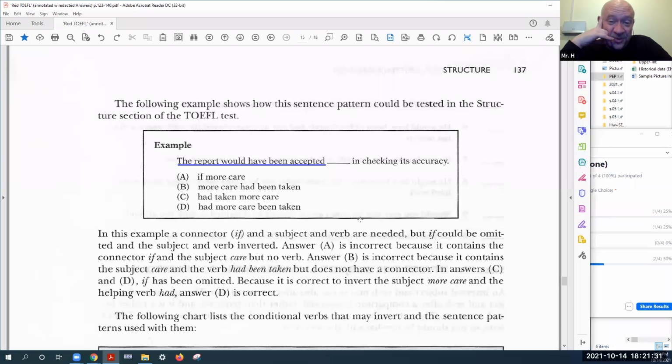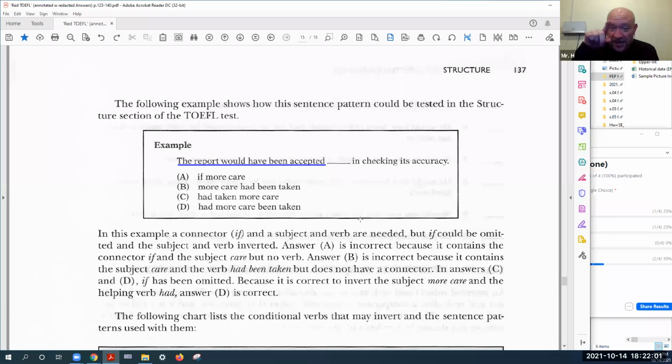Sometimes it's a verb, but when you say more of something, you don't use more with a verb. Use more coffee, more water, more friends. We use more with a noun, right? So care is not a verb. It's a noun.